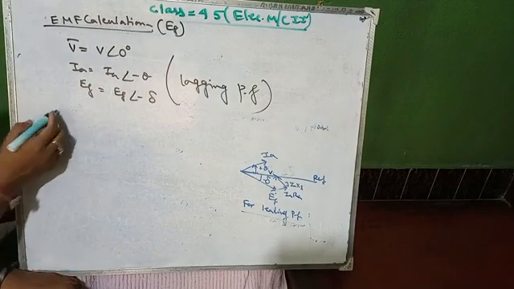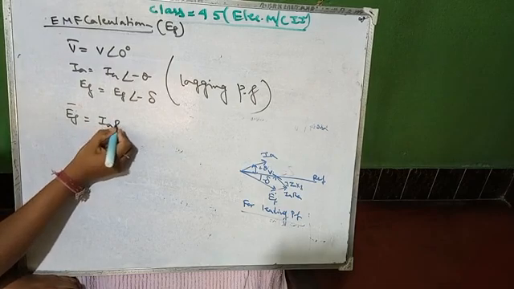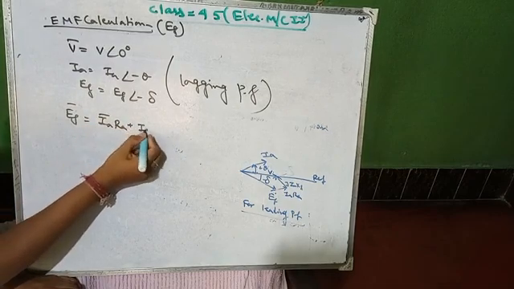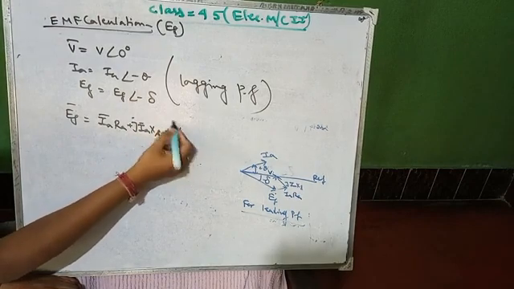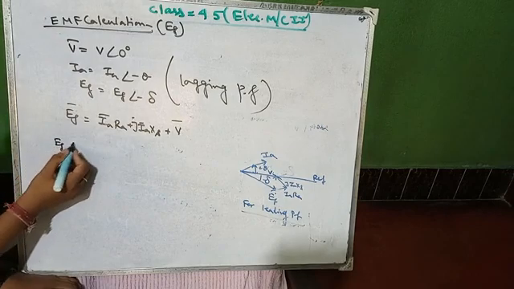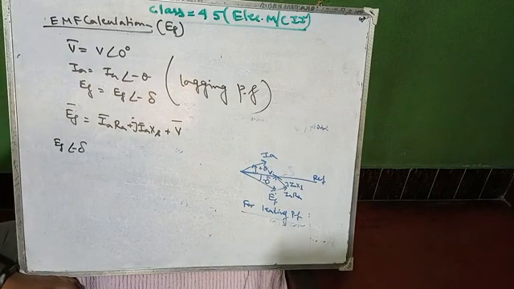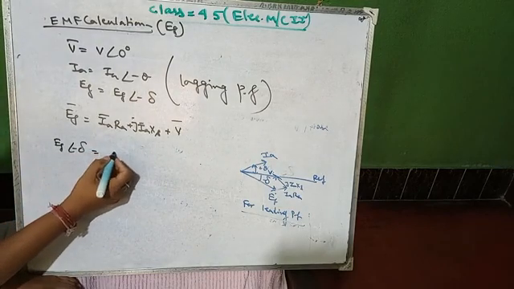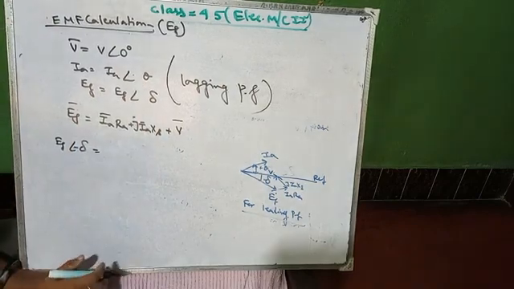So for a synchronous motor, EF equals what? EF equals IARA plus JIA XS plus V, right? So EF angle minus del equals, take only the magnitude here, do not take minus theta or plus theta.